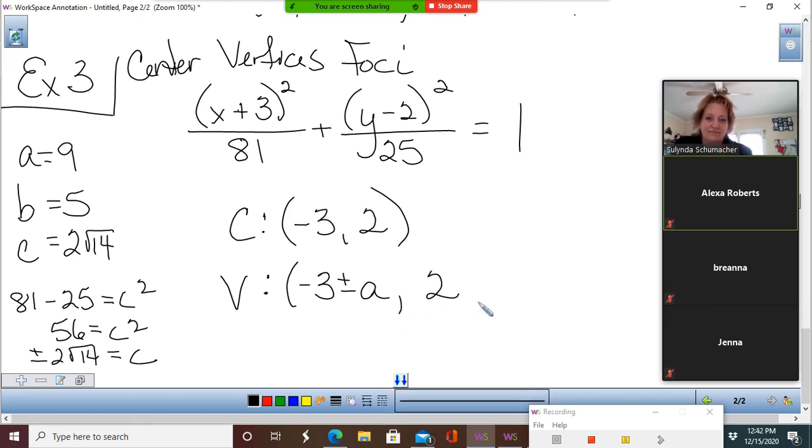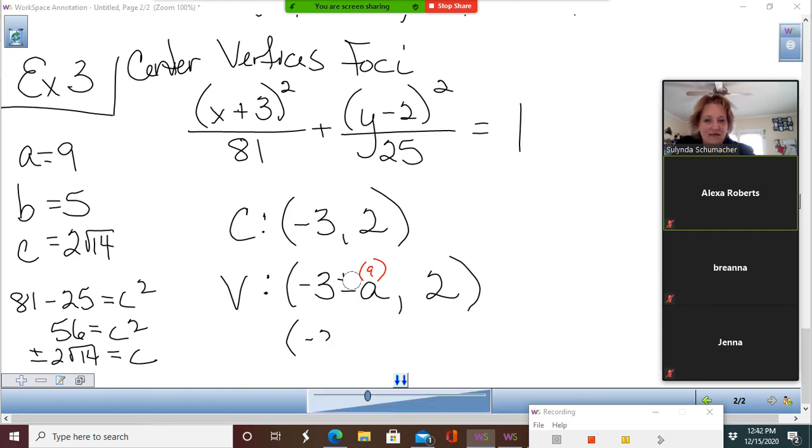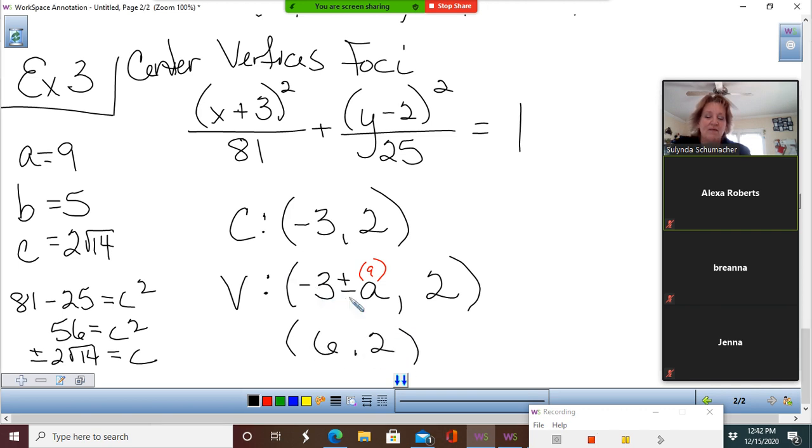My A value is 9, so I plug 9 in here. My vertices are −3 plus 9, which is 6, and 2. And my other one is −3 minus 9, which is −12, and 2.